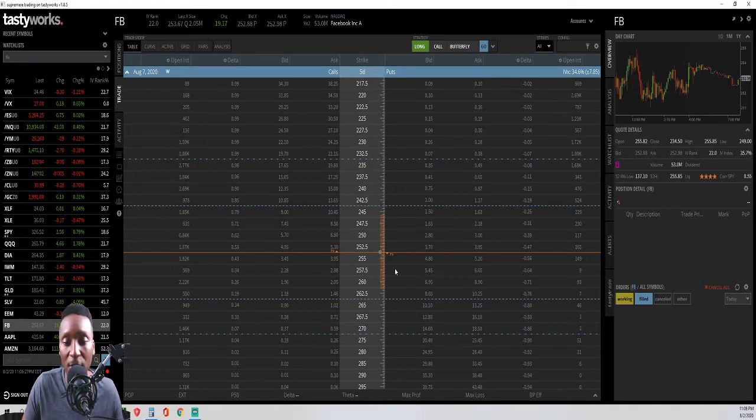So one of the things that you would do as a seller of an option is you could sell the expected move. This is one of the things that a lot of option traders do, and they call it selling premium. If you buy an option, you are a buyer of premium. If you sell an option, you are a seller of premium.